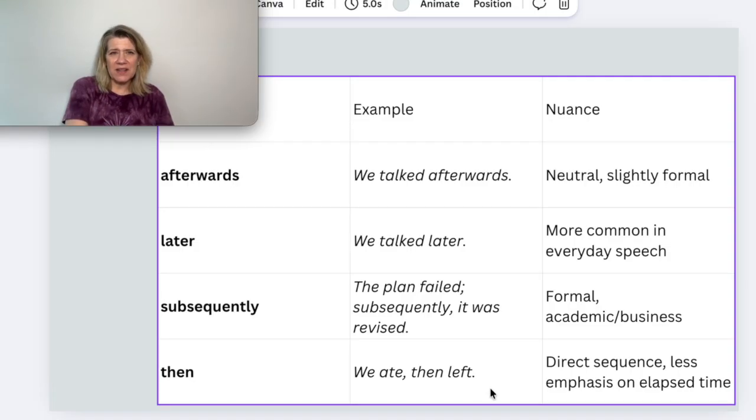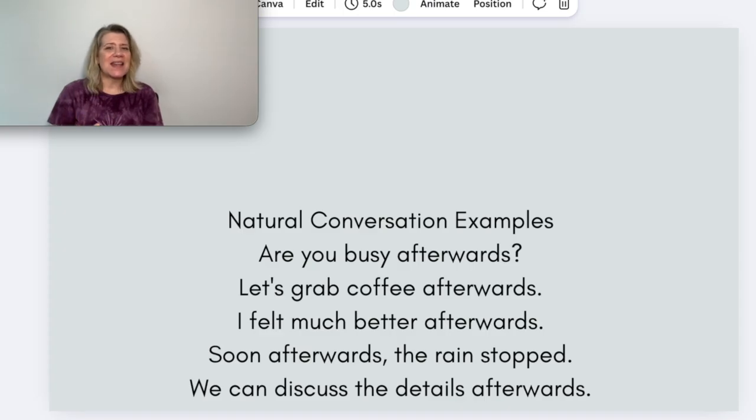The word subsequently here also means afterwards. It's very formal. It's academic and business. Or we use then. Then is very informal. We ate, then left. It's also talking about the sequence, but it's something you would say if you were just saying, yeah, we ate, then we left right away. It's very informal.